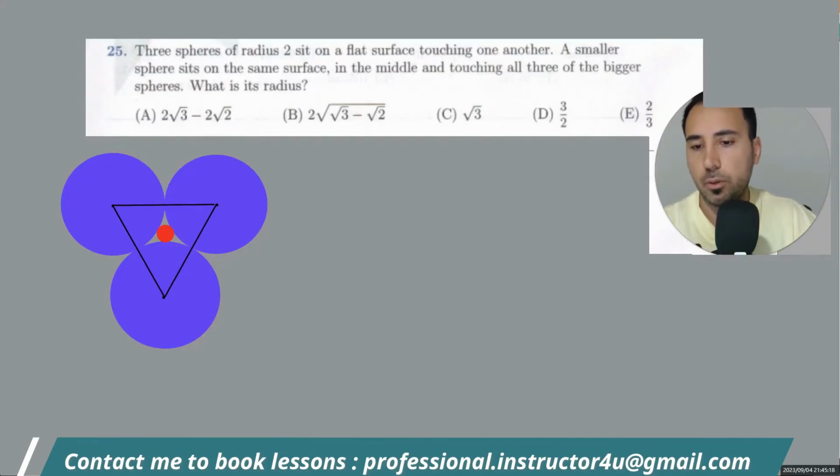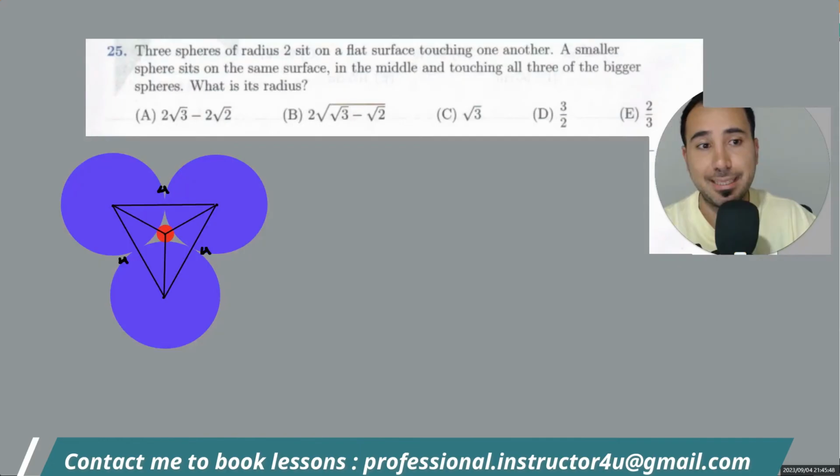How large is this? It's going to be 2 plus 2, 4. So each side is 4. Now we see that the center of the red circle will be the same distance from each vertex, making it the centroid of the triangle.